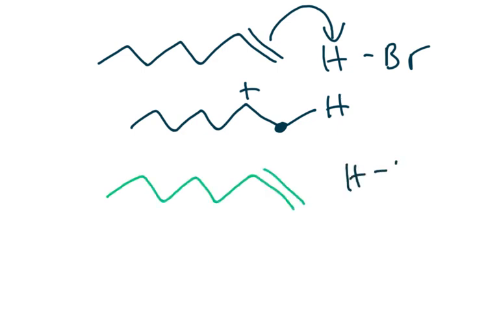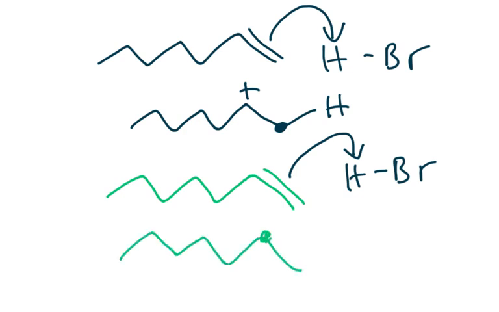We have the HBr here. When this attacks, why can't this hydrogen, so let's redraw it, why can't this hydrogen be the one, or this carbon be the one to bind to the hydrogen, and this carbon have the carbocation? And that's when we start talking about Markovnikov versus anti-Markovnikov. So if we take a look here, if the hydrogen binds to this carbon and the carbocation comes here, we talked about this in a previous video.